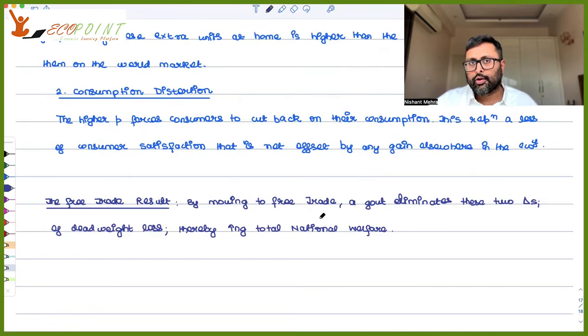So barring what the US is putting in tariffs right now, but in general, tariffs are low. So the estimated cost of distortions is also low. This is what your text is telling. So for the world as a whole, if the entire world moves to free trade, your text tells you that the gains from moving to complete free trade are estimated at roughly 0.93% of GDP.